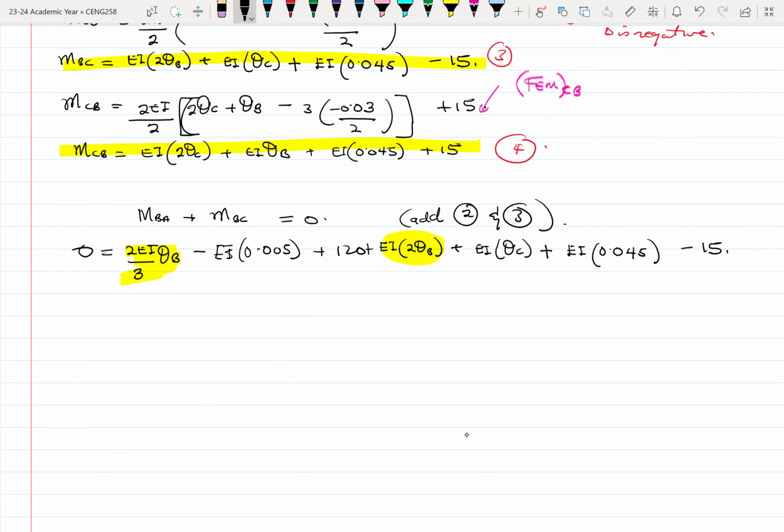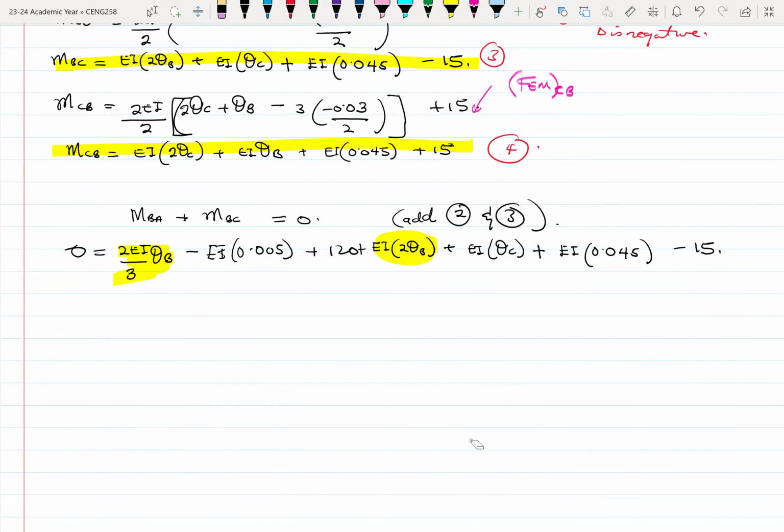So we get 5 over 3, so 0 is equal to 5 over 3 EI theta B. Then we have plus EI theta C. All right. Then we can also add the other two terms.